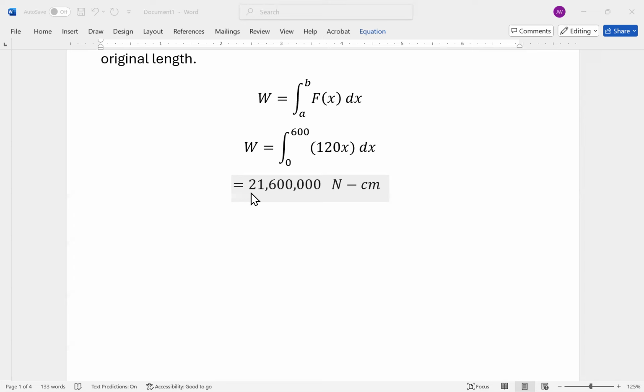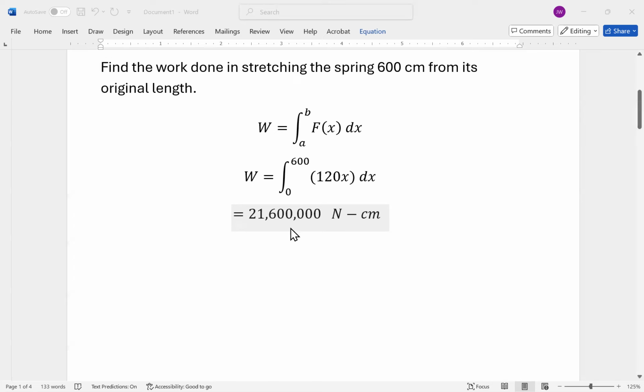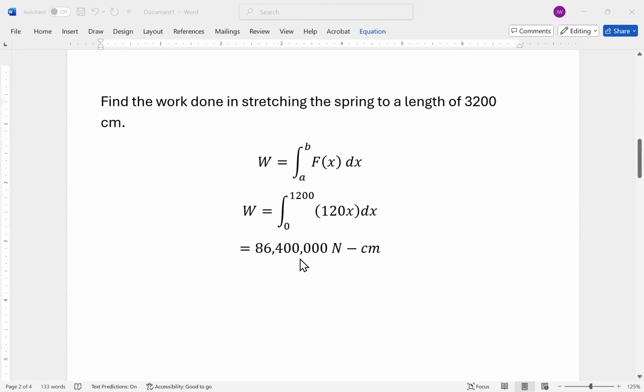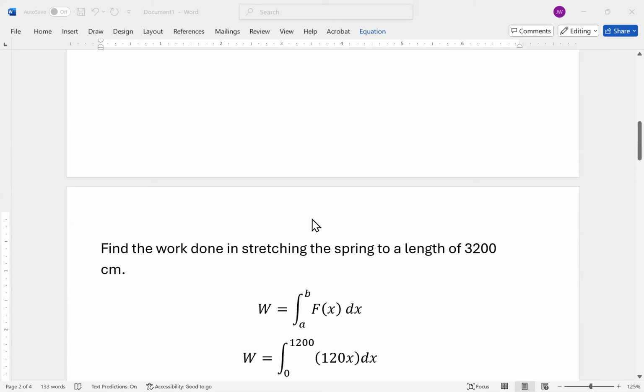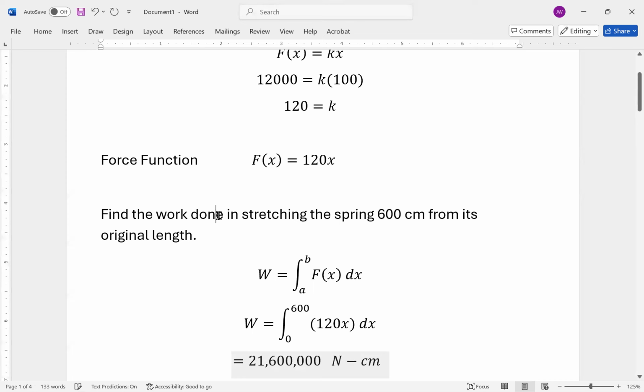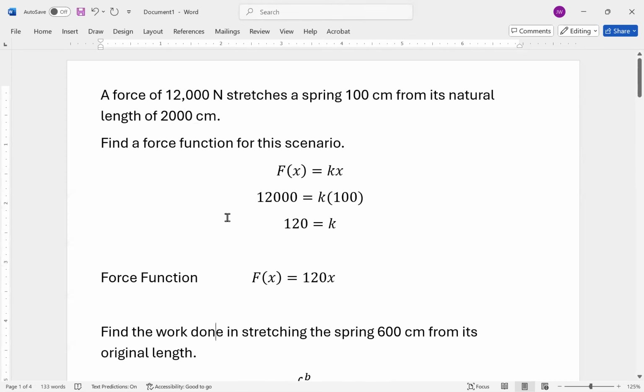So this would be a lot in the way of work. And obviously so would this. But even though this spring probably does not exist in real life, you can still do the calculations. We can still come up with the actual numerical values.